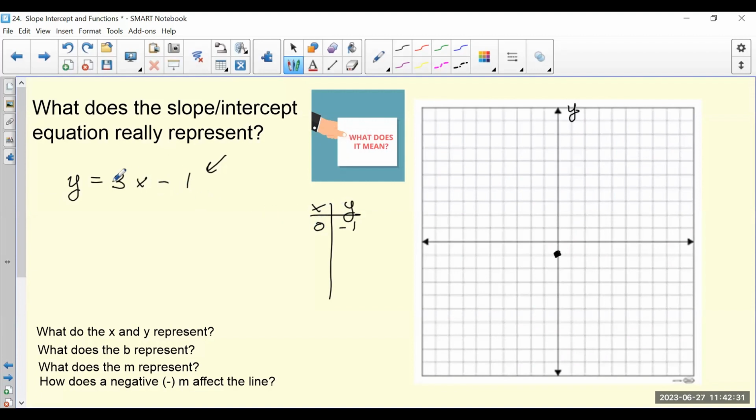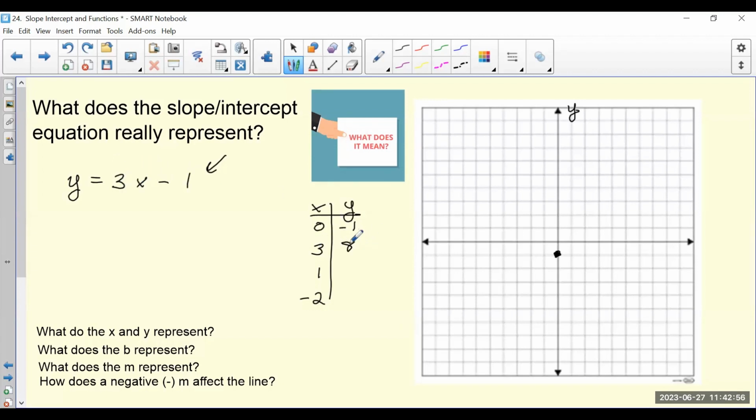But now let's take a look. Let's put in a couple other numbers and see what we get. Let's put in a 3, a 1, and a -2. And let's see what this line looks like. If we put in a 3, 3 times 3 is 9. 9 minus 1 is 8.